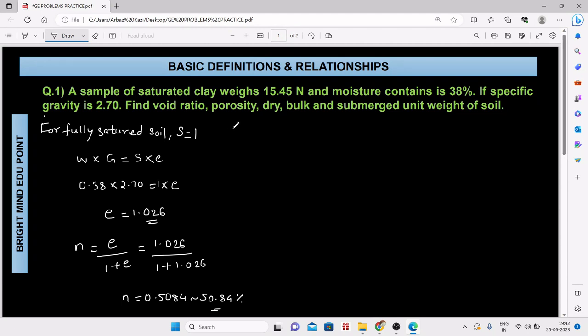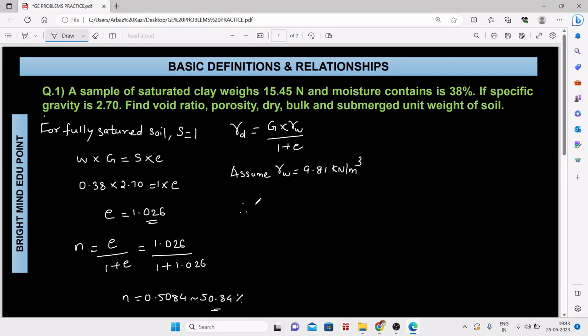Now, the dry unit weight can be found out using the expression gamma d is equal to G into gamma w upon 1 plus e. For finding the value of gamma d, I'll assume the value of gamma w, that is the unit weight of water, as 9.81 kilonewton per meter cube.